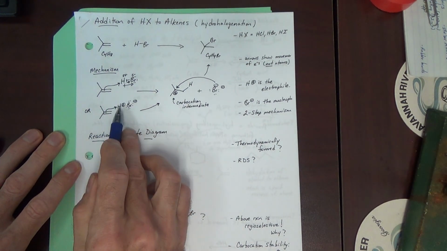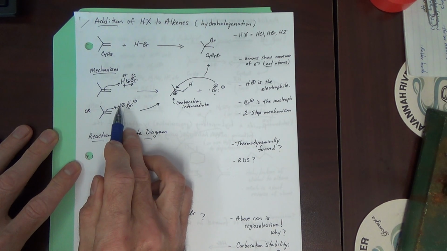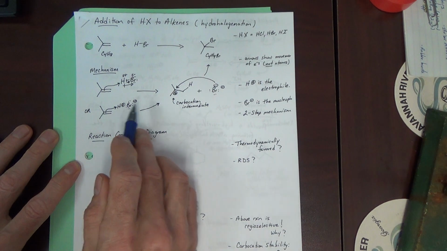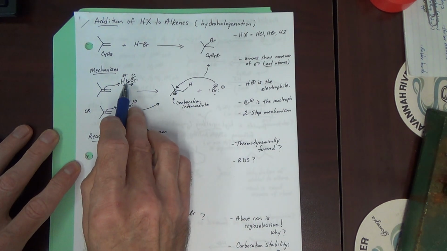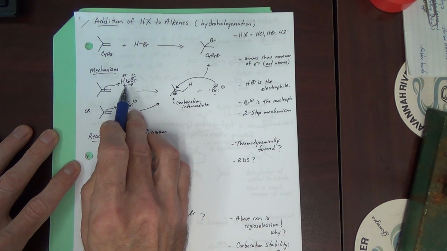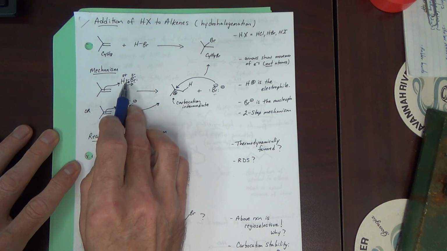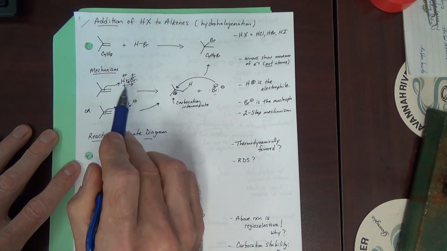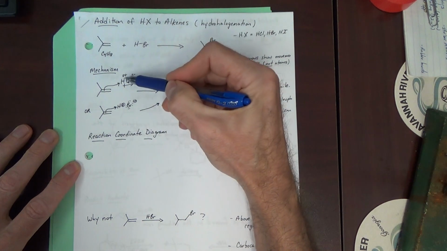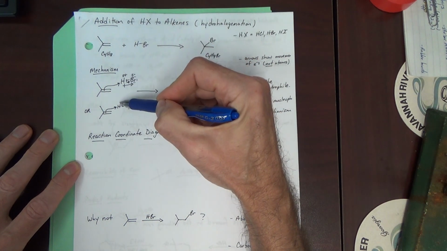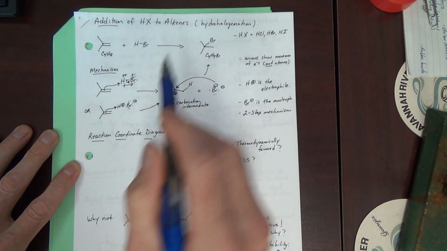So either way actually works. But dry anhydrous gaseous HBr is going to be covalent. Either way, we have an H that's either partial positive or full positive.